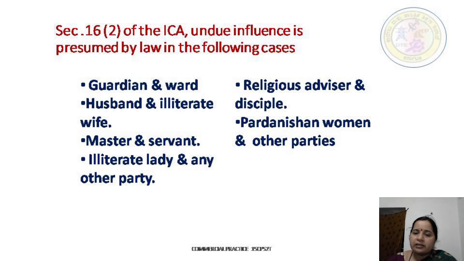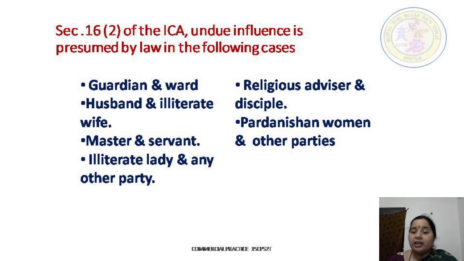See, a master has advanced a loan of rupees 1000 to his servant. Later on, the master took the signature of the servant on a blank paper. After some time, the master wrote on the blank paper that he had advanced 10,000 rupees to the servant. Here there is undue influence.